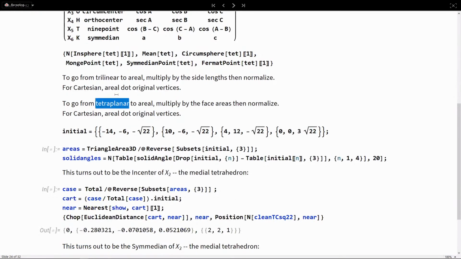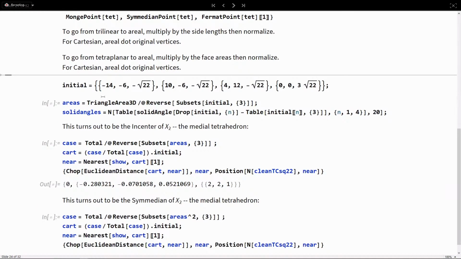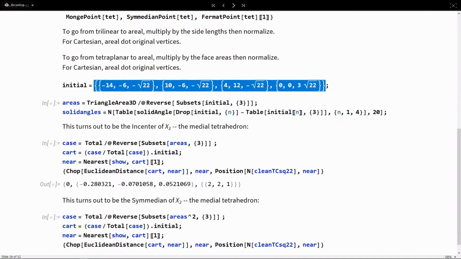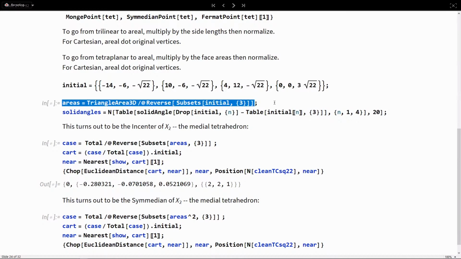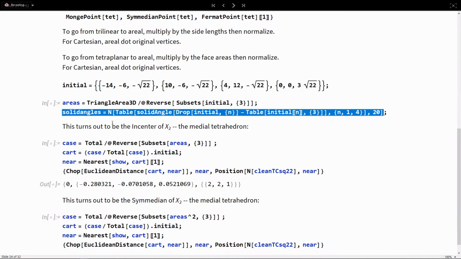For tetraplanar coordinates to areal or barycentric coordinates, we multiply by the face areas and normalize. And then for the Cartesian coordinates, we take the dot product of those areal or barycentric coordinates with the original vertices. So here's an example. We have these points. We can get the areas like so. We can get the solid angles.